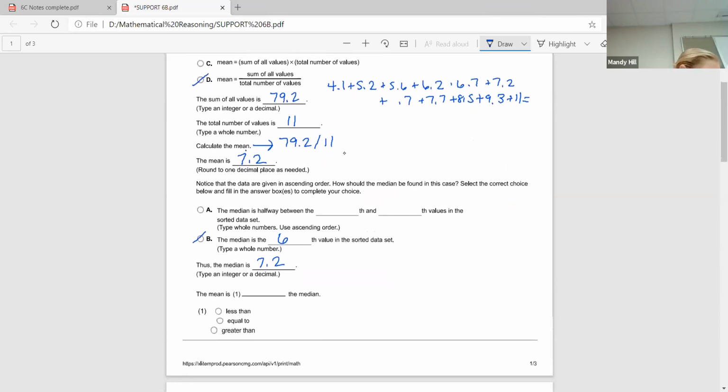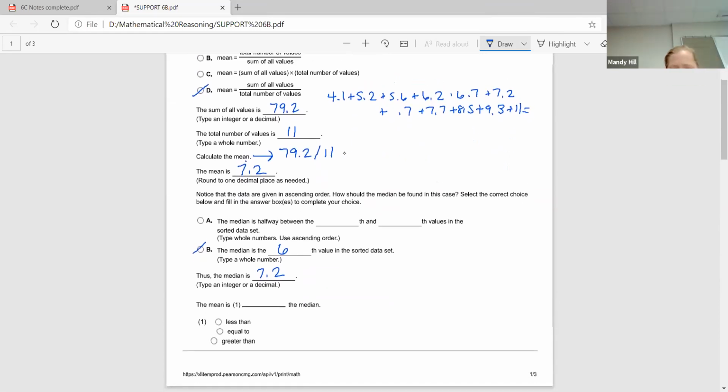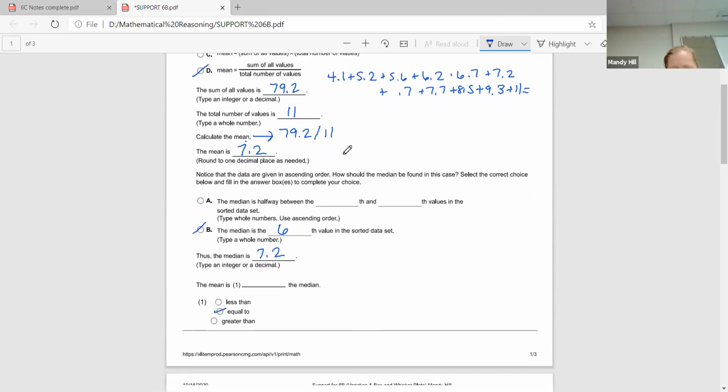So in this case, the mean and the median ended up being the same, so we would put they are equal to each other. Okay. Now, if you want to see how to type this in the calculator, I'm going to show you that so that we can verify these numbers.